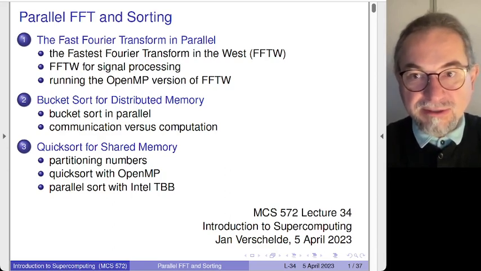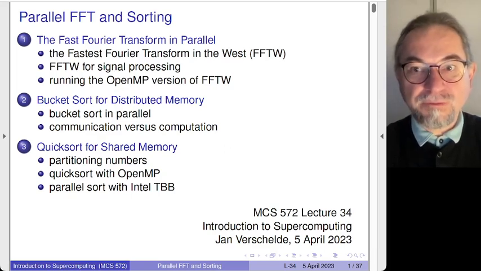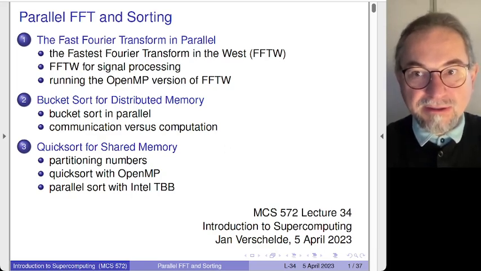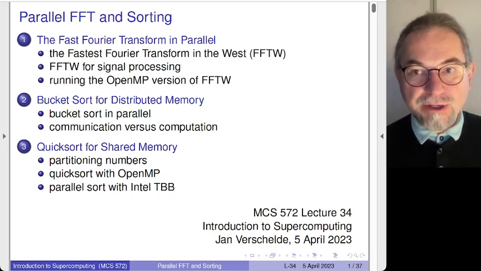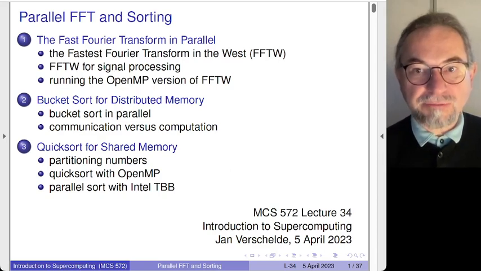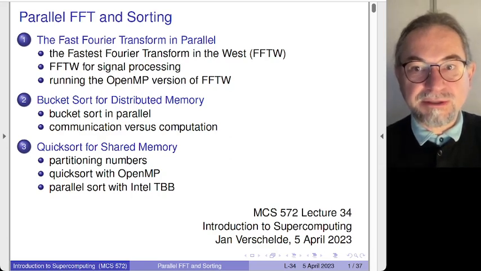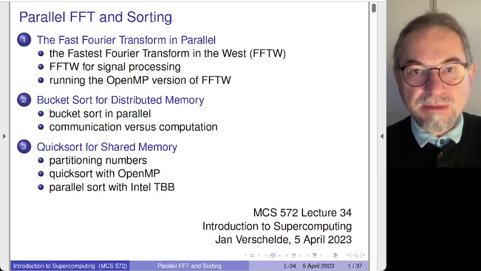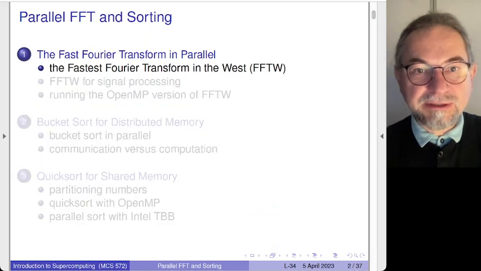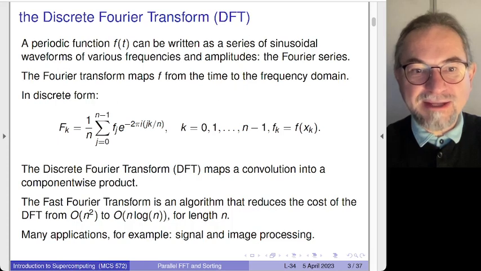Also, we will take, as I said, the angle of software, and in this part of the course we are heavily intersecting a course on scientific software, where actually we don't really look to implement everything ourselves, but we look for excellent software that is out there. And we start with the fastest Fourier transform in the West, known as FFTW.